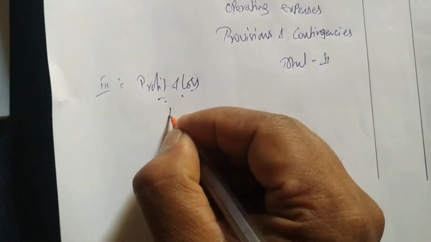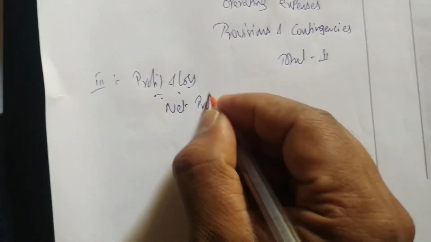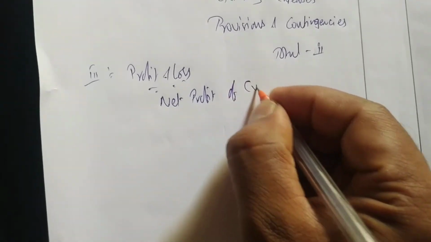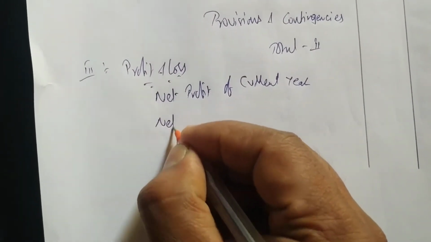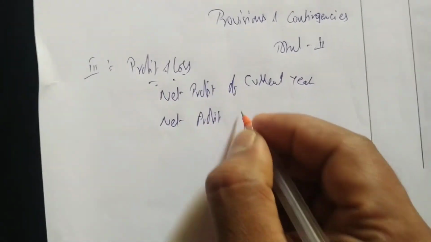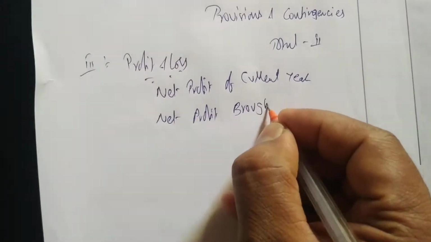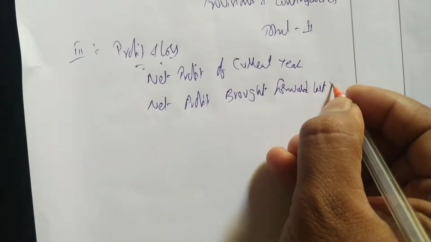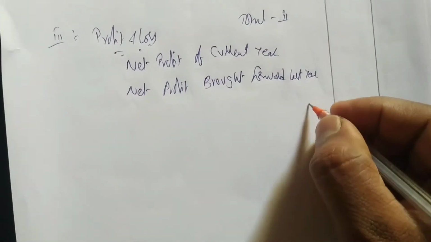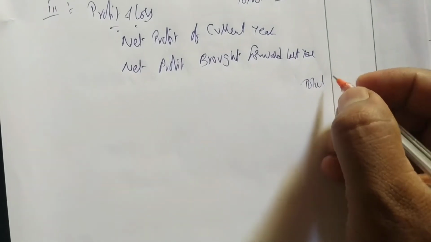We'll write first net profit of current year. Then we write net profit brought forward. This is last year profit. Okay, then again we'll do total here. We can say total 3.